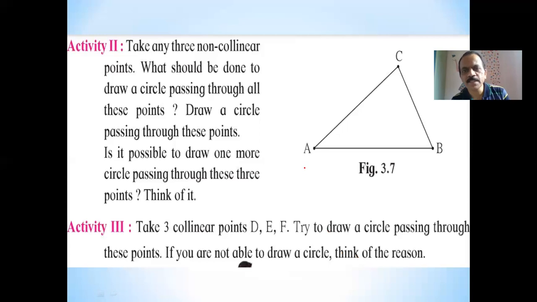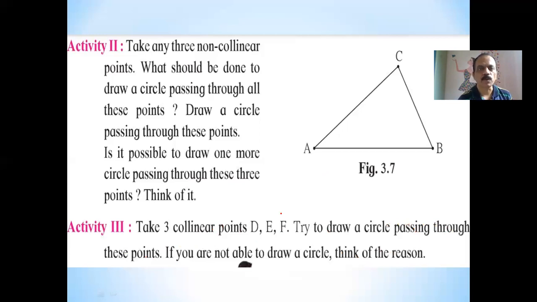These 3 points are collinear, and we cannot draw a circle through them, because the center of the circle would not be a single point. So when 3 points are given as collinear points, we cannot draw any circle passing through them.